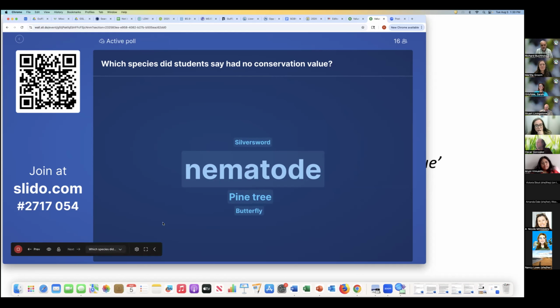All right, so you think most people thought nematodes would not be valued by students at all, that they would think they were unimportant. Pine trees got several votes, though. Butterfly got some. That's in opposition to the previous voting. Silver sword plant, one of my favorites.